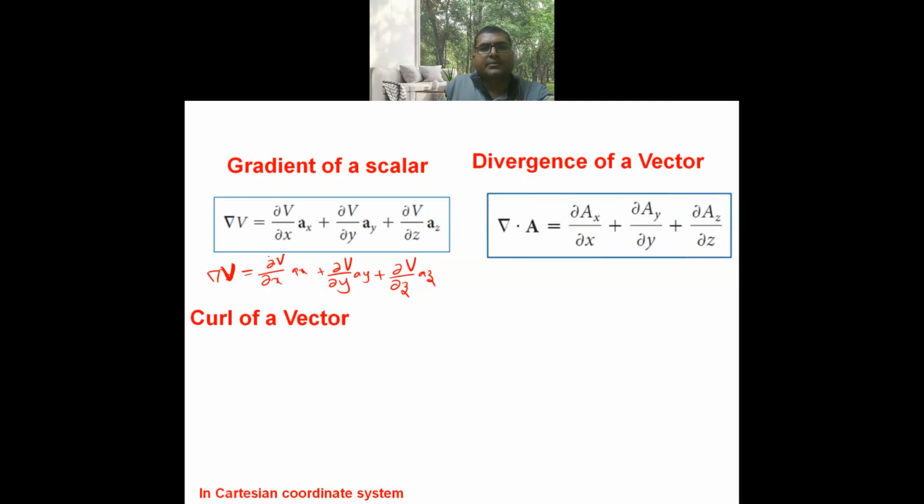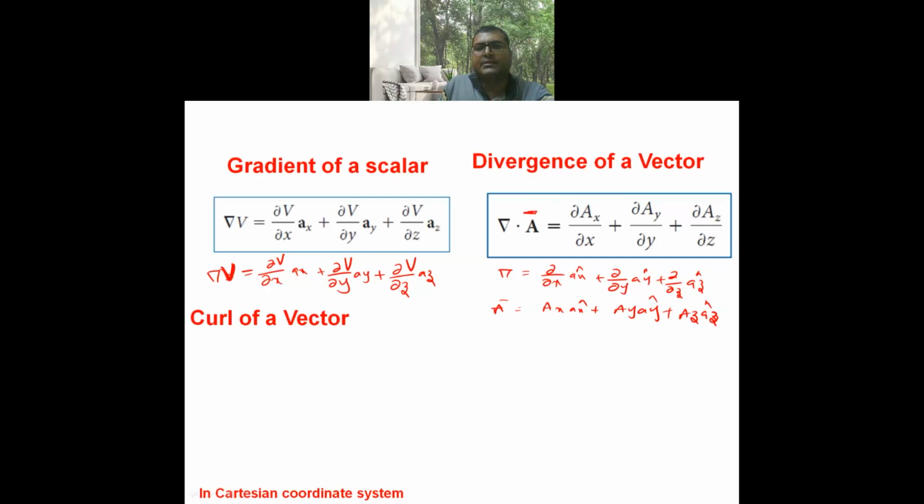In the same way, if we perform the dot product between the del operator, del is equal to dou by dou x ax plus dou by dou y ay and dou by dou z az, and the vector a bar equal to Ax ax plus Ay ay plus Az az, we will get the value associated with the divergence of a vector.